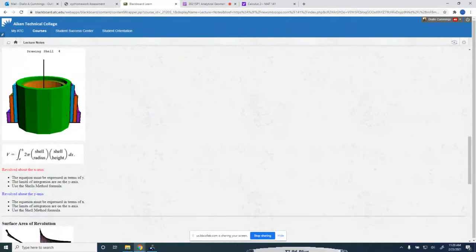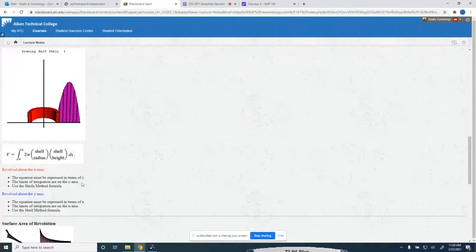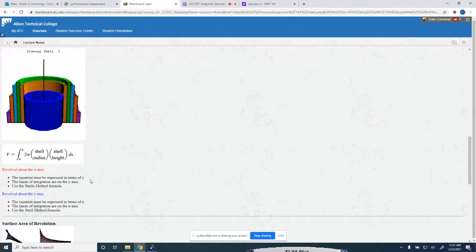If you're using the cylindrical shell method and you're revolving about the x-axis, the equation must be expressed in terms of y. Notice that it all depends upon which axes you're rotating your solid of revolution around, and it also depends upon which method you're using.